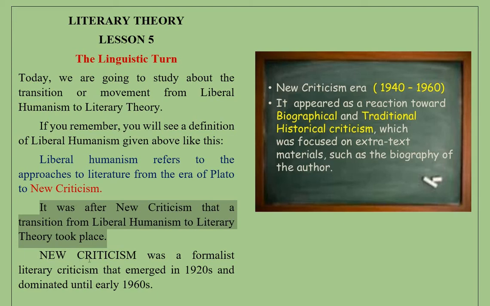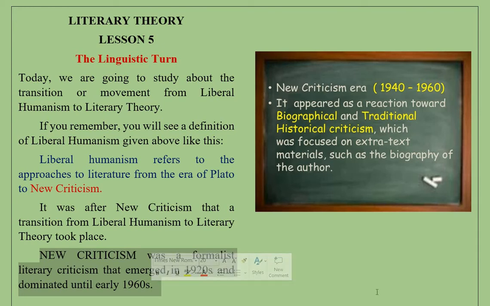New criticism was a formalist literary criticism that emerged in the 1920s and dominated until the early 1960s. It appeared as a reaction toward biographical and traditional historical criticism, which was focused on extra-textual materials such as the biography of the author.